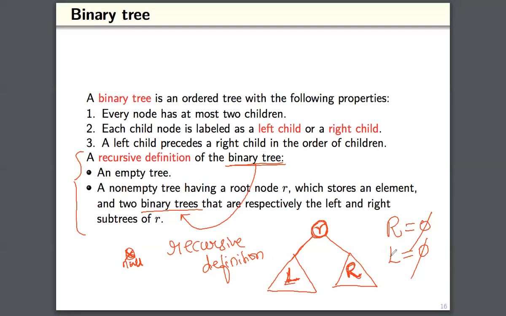Both can be null, or one of them can be null, right? Both can be non-null. Anything is possible because we gave this definition recursively. So this is the base case, right? This is the recursion case. The base case, you can apply it for L or R or both. Make sense?